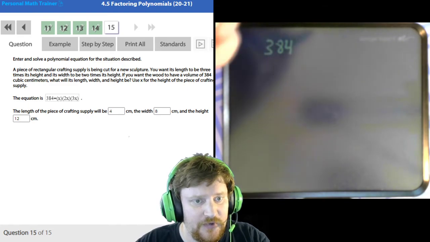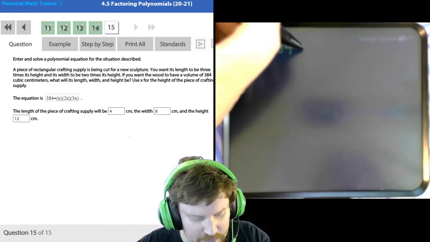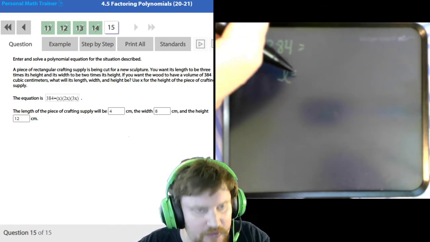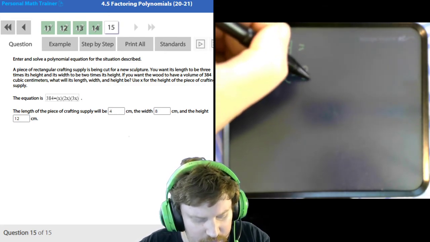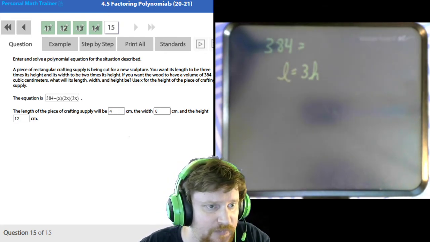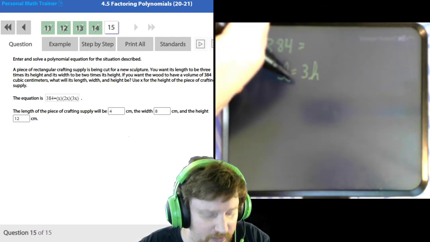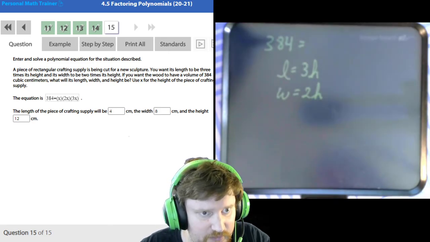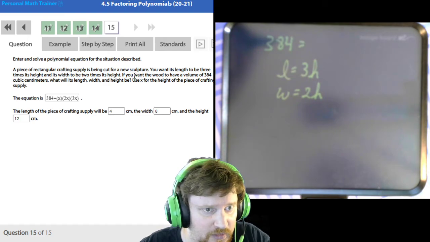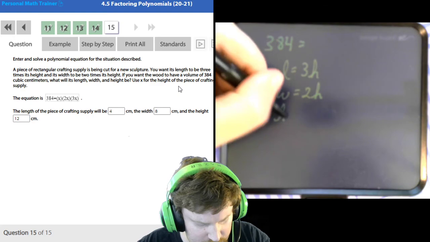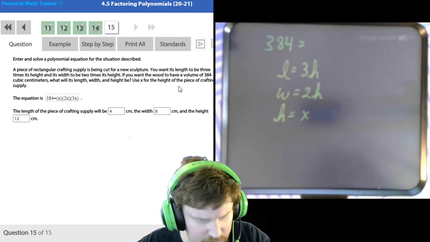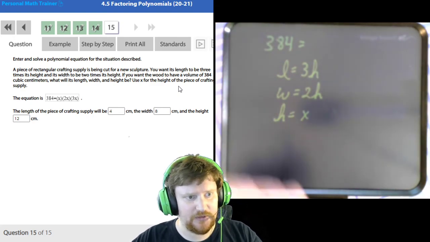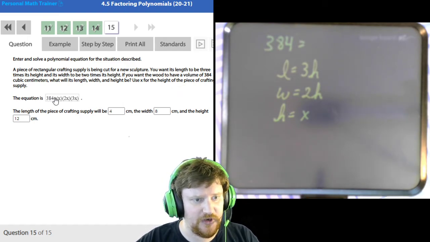384. I want its length to be 3 times its height, and its width to be 2 times its height. Use x for height. I don't see where I went wrong then, because they said this formula was right.